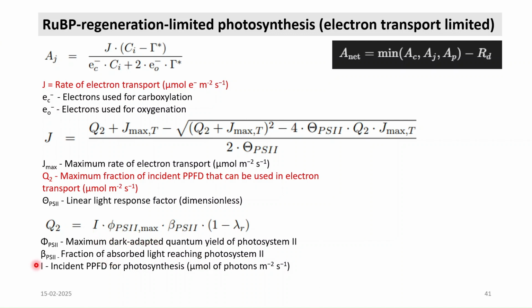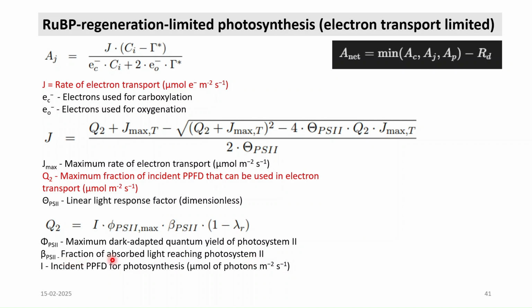So during that, this value of theta PS2 that we obtain is what is used in the estimation of the maximum amount of incident PPFD that is absorbed by the leaf. Similarly, beta PS2 is also another parameter, another value of the fraction of the absorbed light that is reaching photosystem 2.